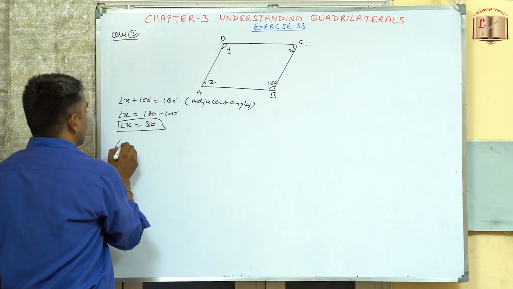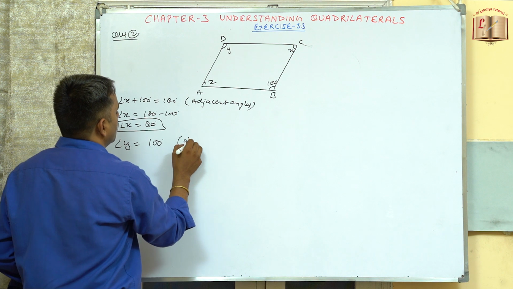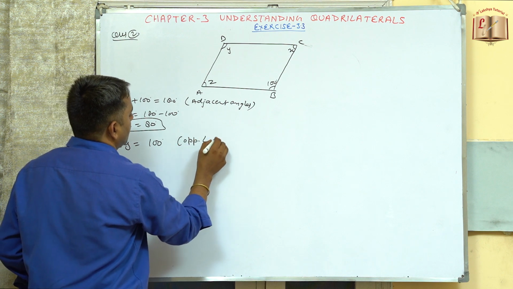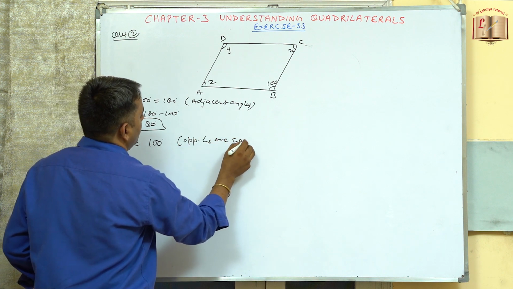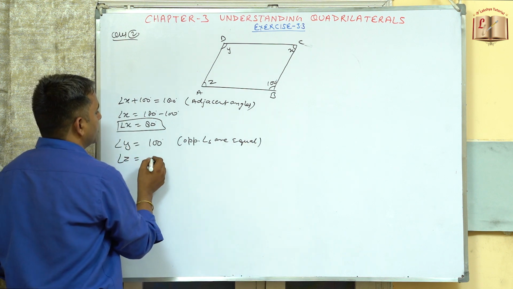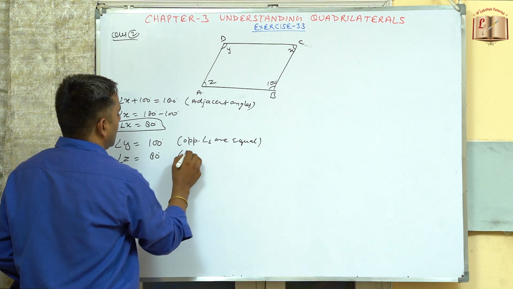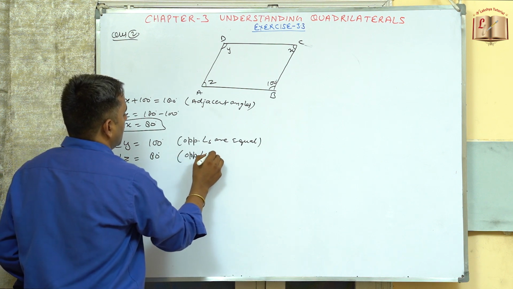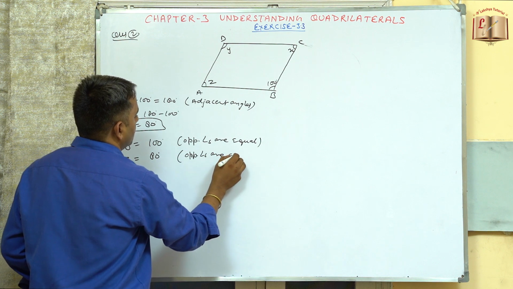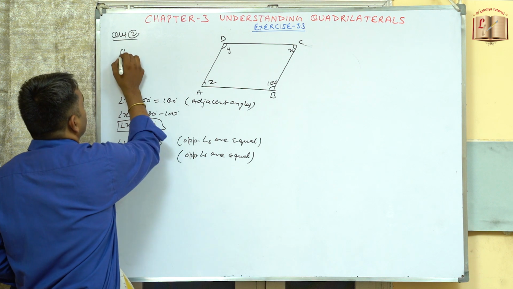Similarly angle y will be equal to 100 degrees because opposite angles are equal, and similarly angle z will be equal to 80 degrees. So this is again opposite angles are equal. So this is for the first part.